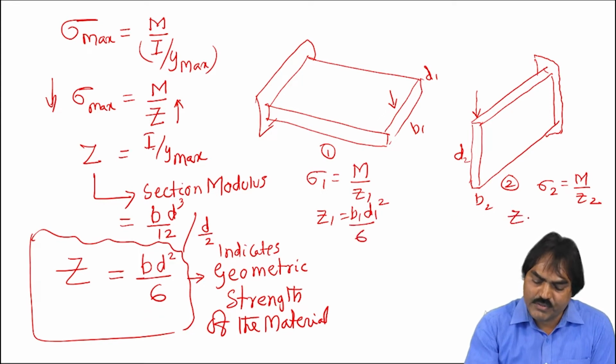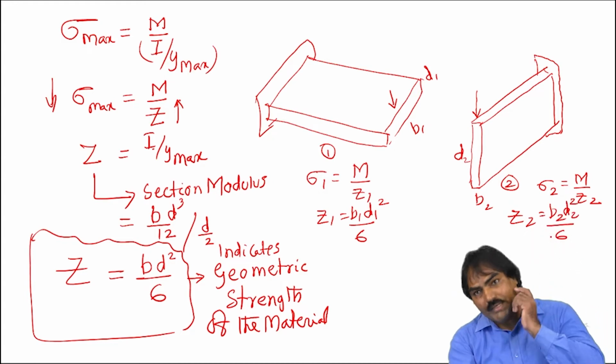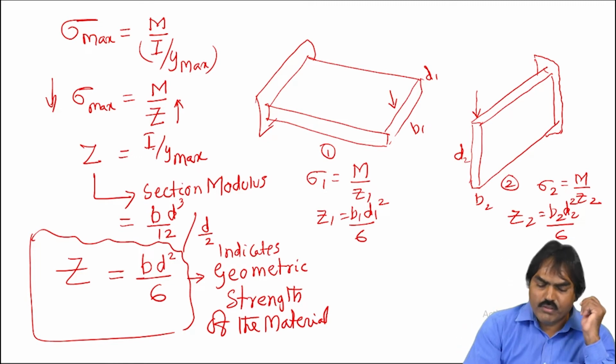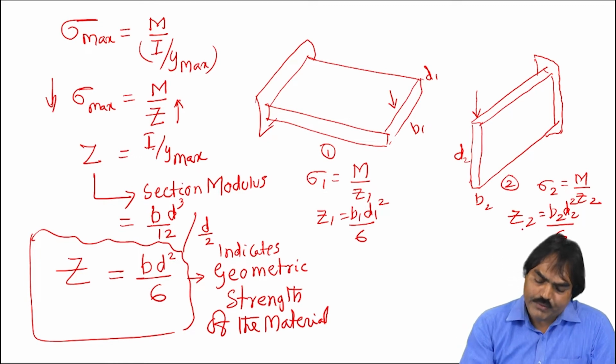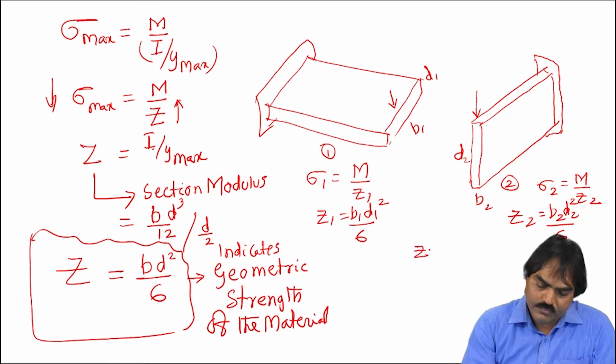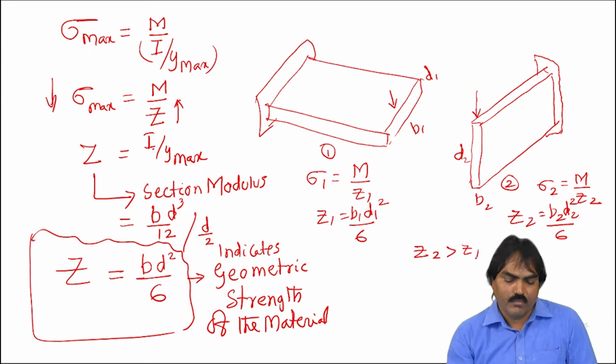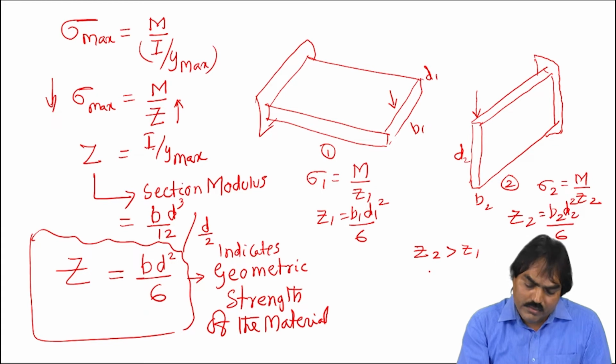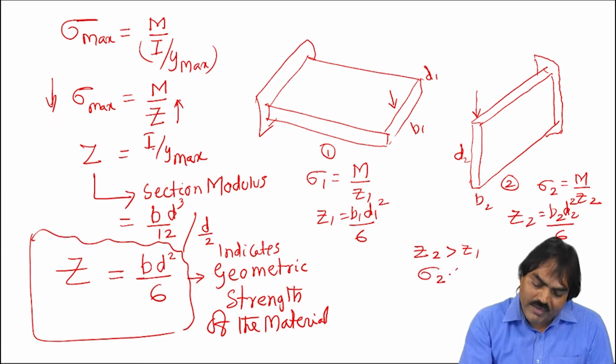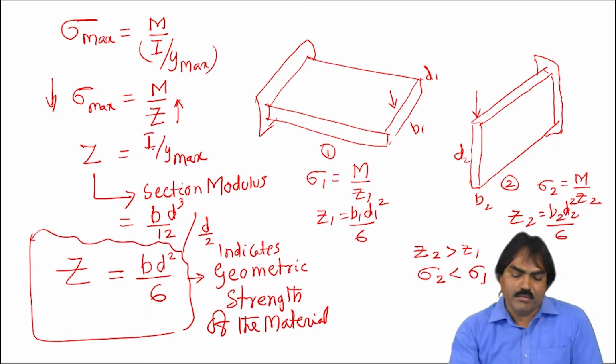Here Z2 is b2 d2 square by 6. Since we know that Z2 is more than Z1, the stress sigma 2 will be less than sigma 1.